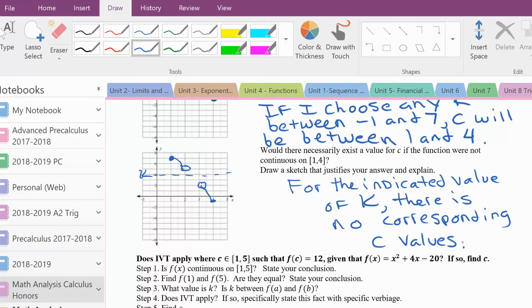So if the function's not continuous, then it doesn't work. Then it's not necessarily true. But if the function is continuous, then you're guaranteed to have a value between 1 and 4 that will give you that value of k that is between the y coordinates of 1 and 4.